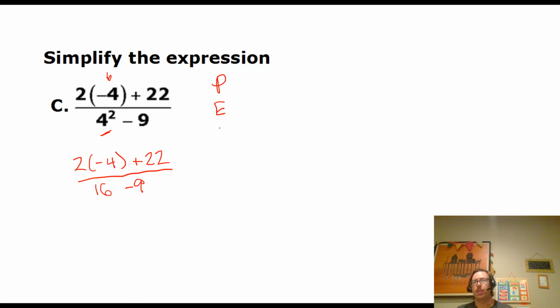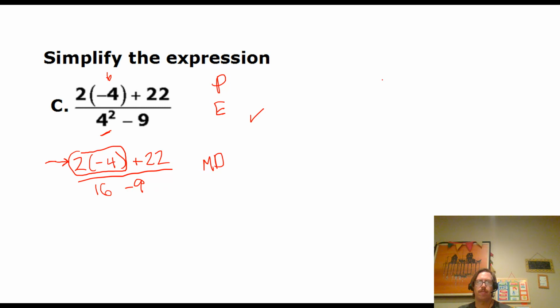Now, what's going to come next? We've covered our exponents. Check that off your list. Now we've got MD, multiplication and division. Well, I've got one multiplication problem because, again, some of this may be review, some of this is new, but the 2 is smushed up against the negative 4 in parentheses. That effectively makes it multiplication.